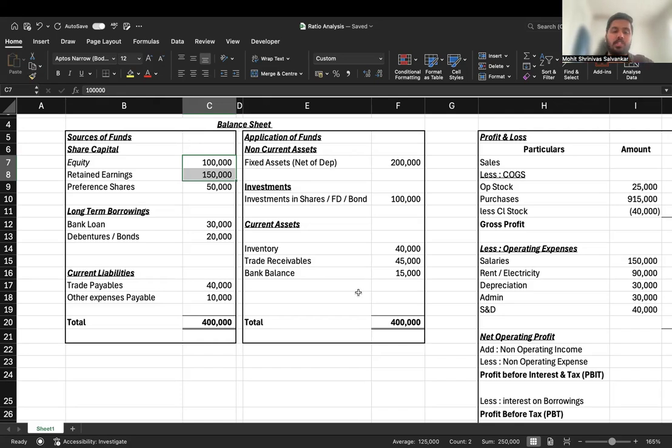Next comes the cash conversion cycle. So the cash conversion cycle is nothing but the operating cycle in terms of days. The unit for this ratio is days. Okay. So what this ratio talks about is once you buy your goods, processing them, making them into finished goods, then taking them to the market, selling them to the customers, then waiting for customers to give you money back.